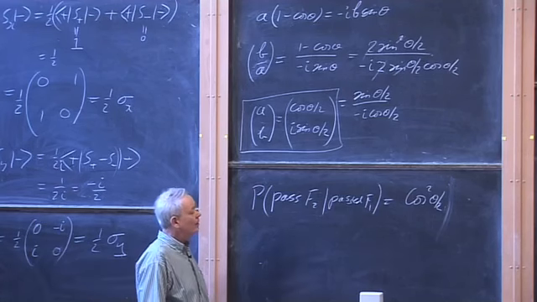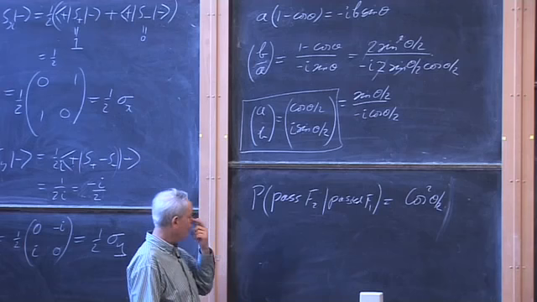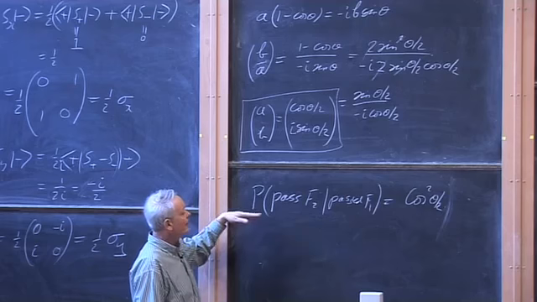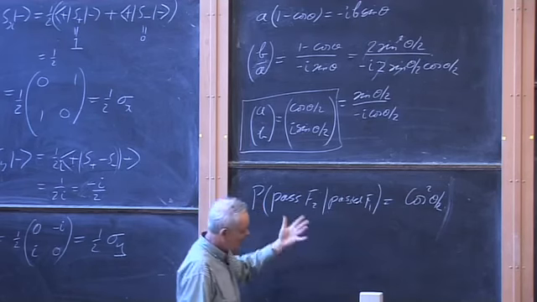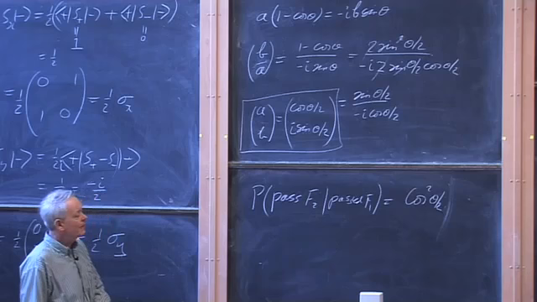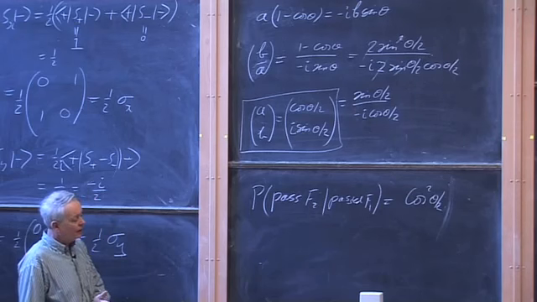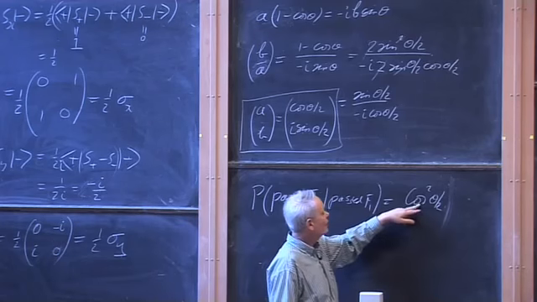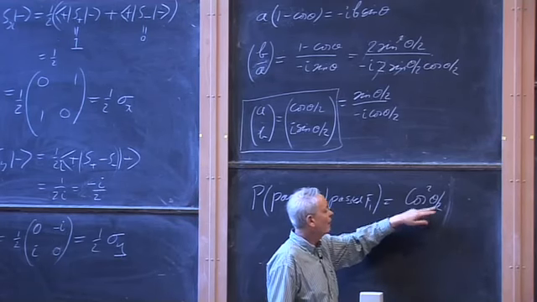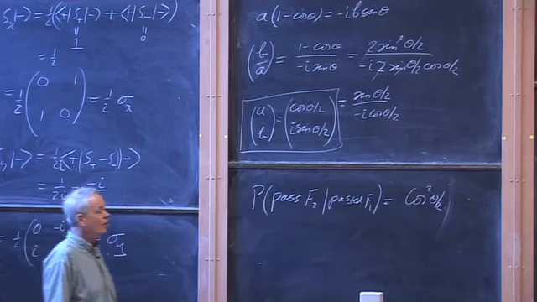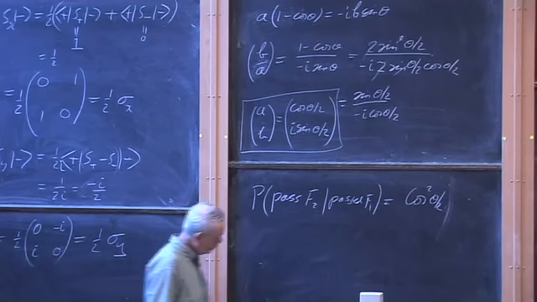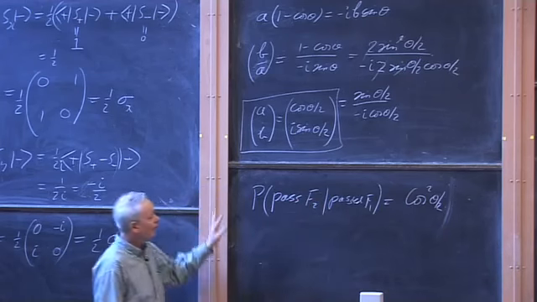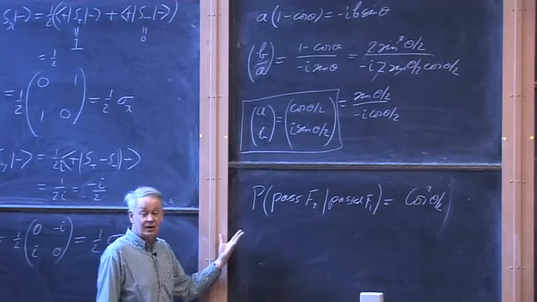So you would expect that there was equal probability of passing the second filter, that is to say, of getting plus a half on y and minus a half on y, by the symmetry of the situation. And indeed, cos of pi upon 4 is 1 upon root 2, so cos squared of pi upon 4 is a half, and that makes perfect sense as well. So this formula predicts the kind of thing that you would expect.